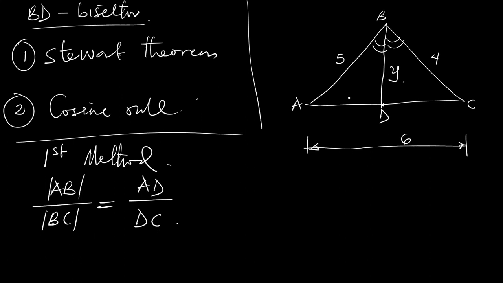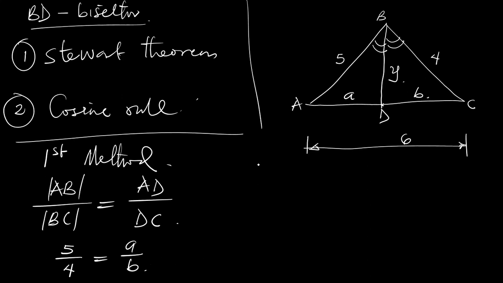Now let's assume AD is A and DC is B. Now it implies that AB, which is 5, divided by BC, which is 4, is equal to A all over B.